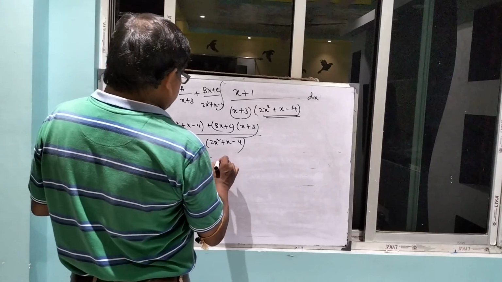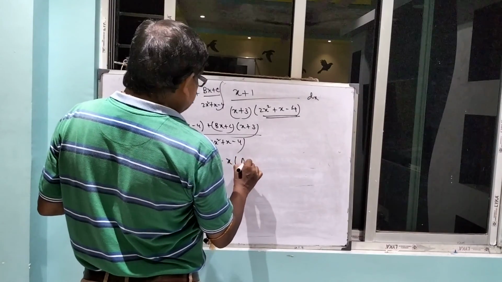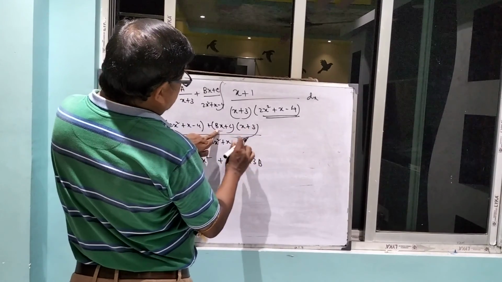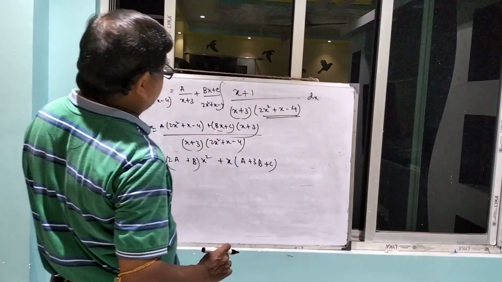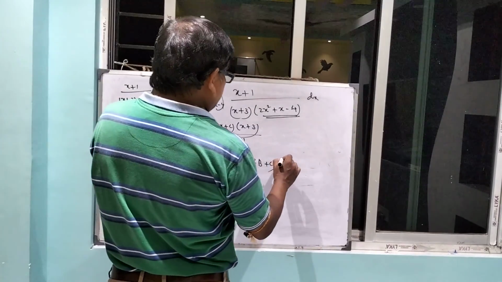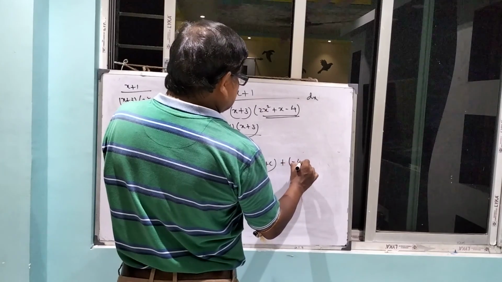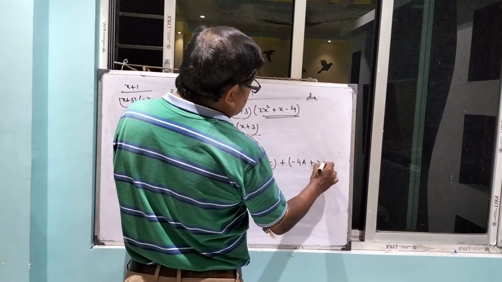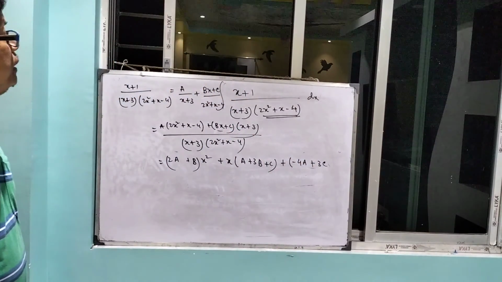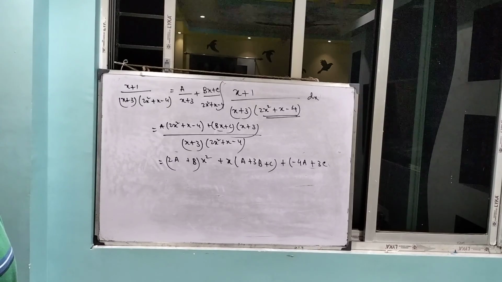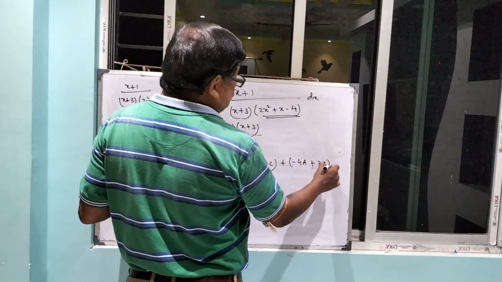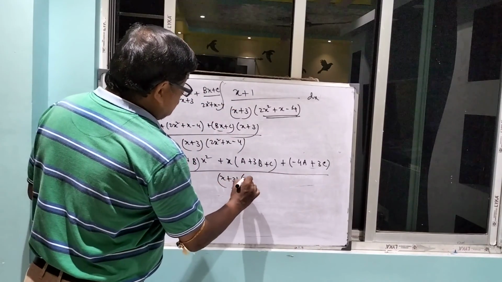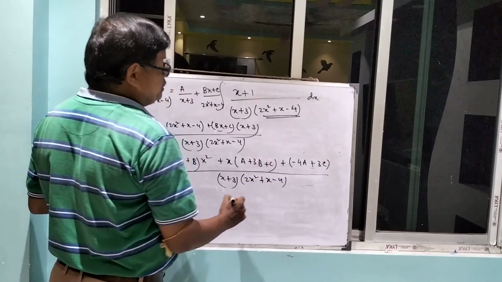Again, take x common: a, here bx plus 3b, and cx plus c also there, and next one minus 4a, and c into 3, that is 3c. No constant is there, so right, divided by (x plus 3)(2x square plus x minus 4).